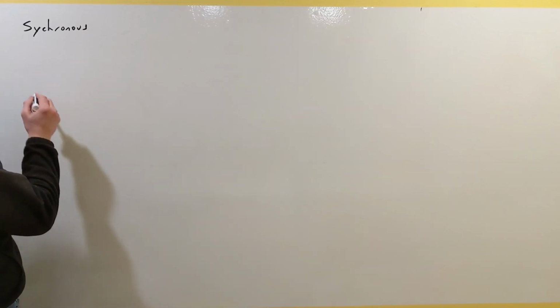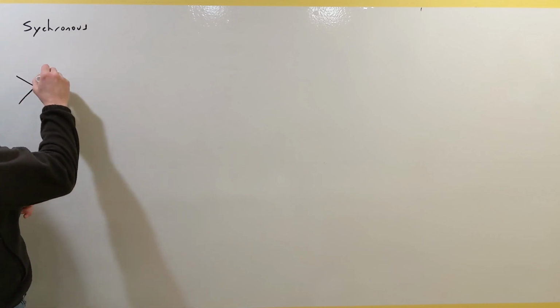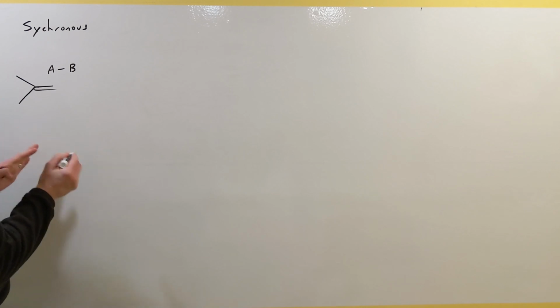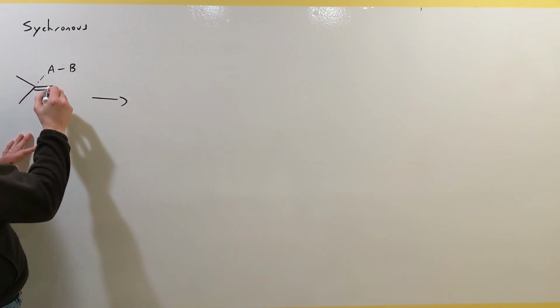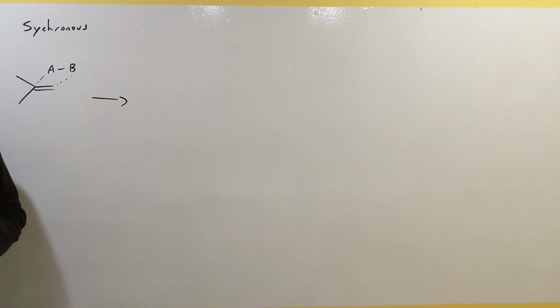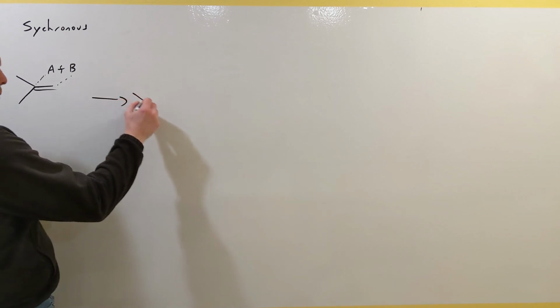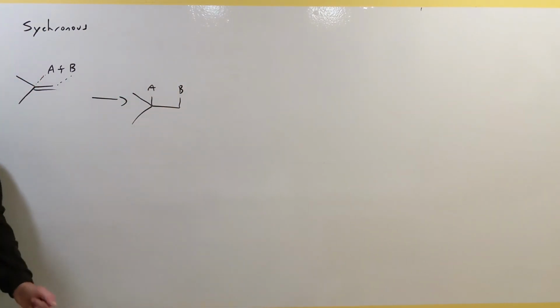If I take something simple, like the example I had up earlier, just an A-B type thing, what synchronous addition means is that I am simultaneously forming both of those new bonds and breaking this one, so that in what appears to be one step, both of those form.